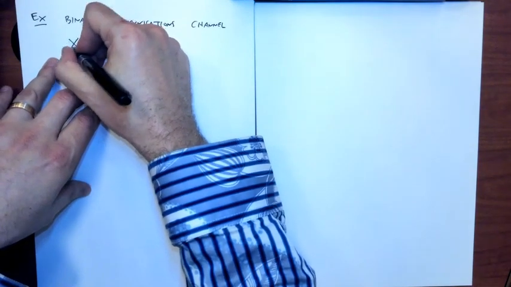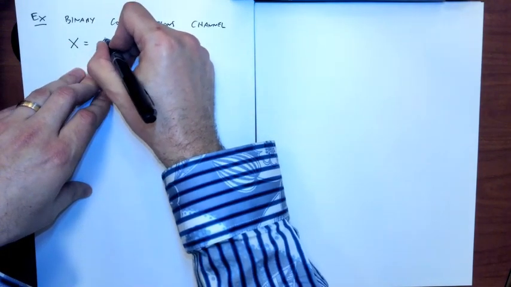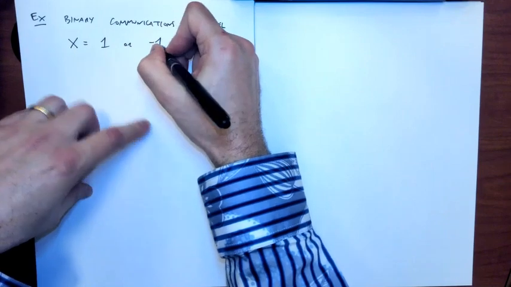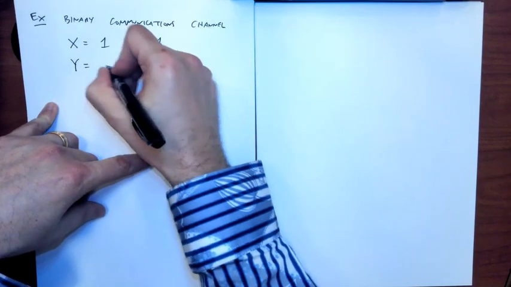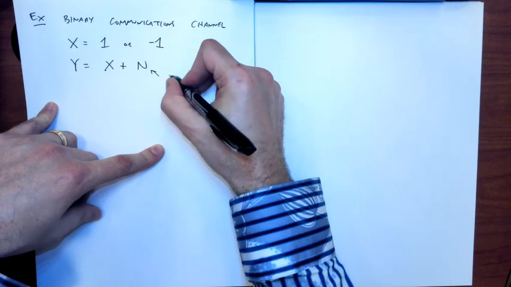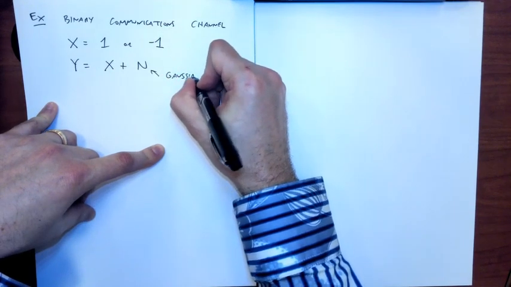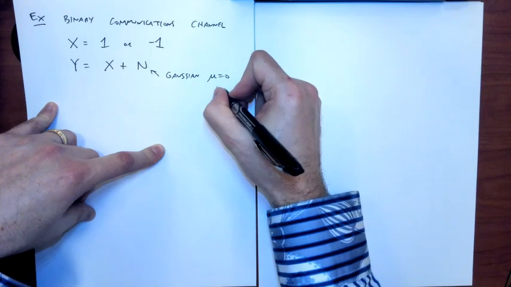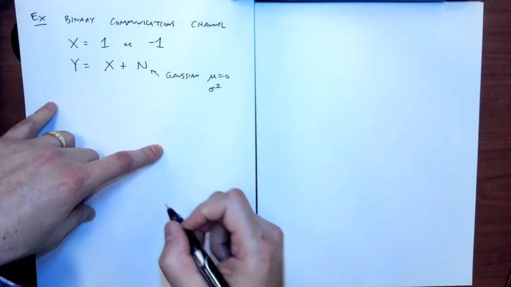where the input is either 1 or -1, and the output is whatever I got plus some noise, where this noise is Gaussian with mean 0 and variance sigma squared, okay?